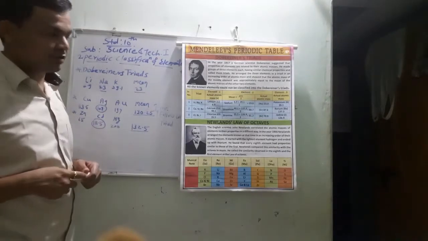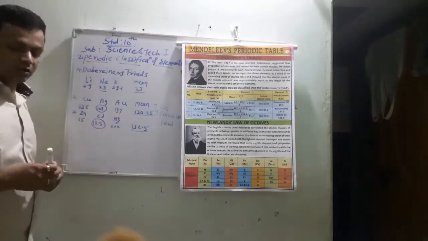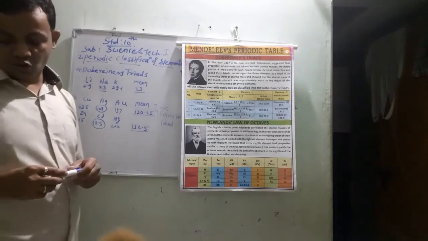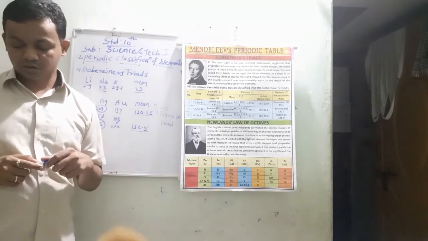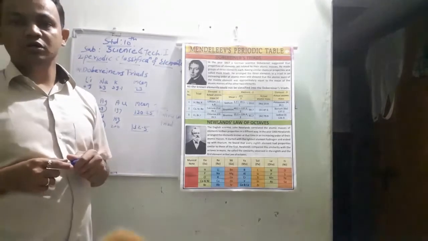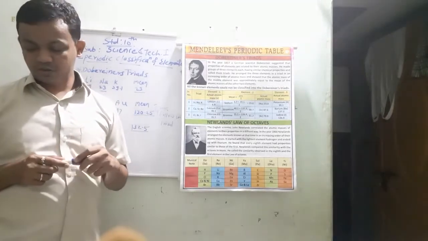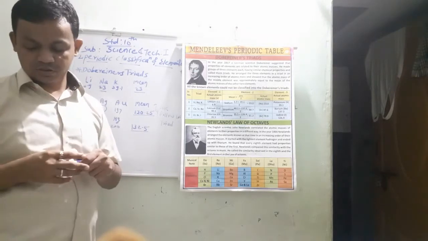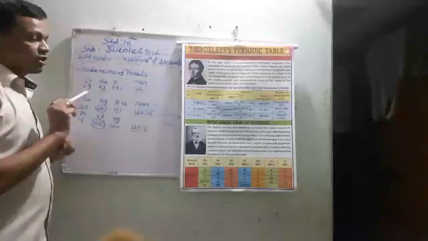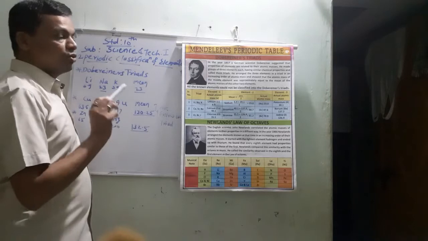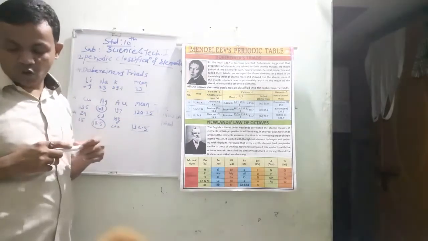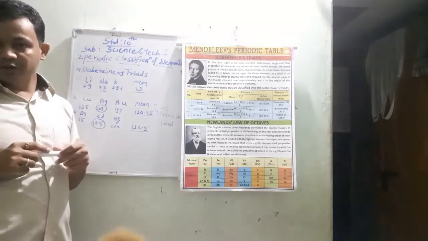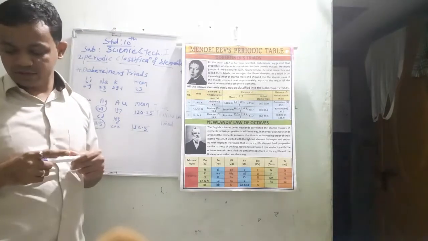Dobereiner triad. So which are the drawbacks? The first drawback is that he could not classify all the known elements into triads.